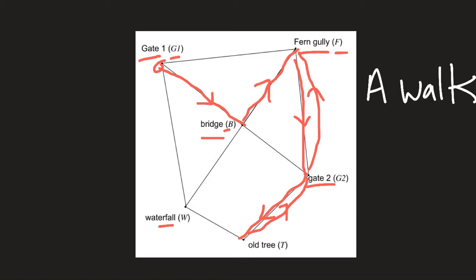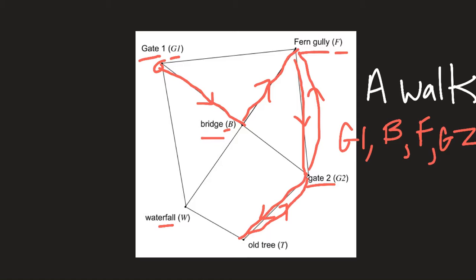The other thing we can do when we have a walk is state our walk. My walk started at G1. After G1, I proceeded to the bridge. After the bridge, I proceeded to Fern Gully. After Fern Gully, I proceeded to G2, or gate number 2.